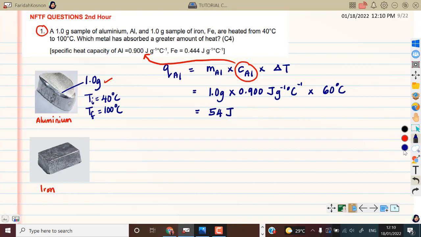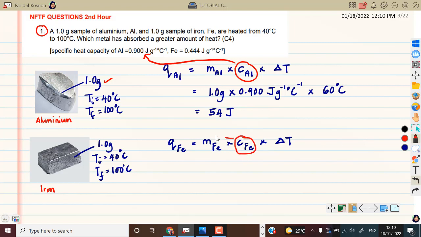Now let's continue with iron, whose symbol is Fe. The mass of iron is also 1.0 gram. The initial temperature is also 40 degrees Celsius, and the final temperature is 100 degrees Celsius. After being heated, iron will absorb some amount of heat. To calculate the heat absorbed by iron, Q iron is equal to the mass of iron times the specific heat capacity of iron times delta T. All the information has been given, including the specific heat capacity of iron.